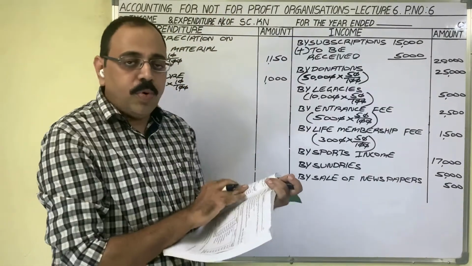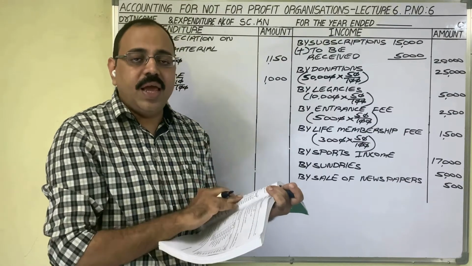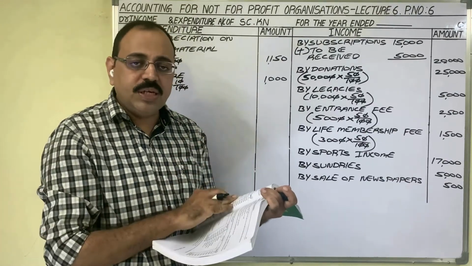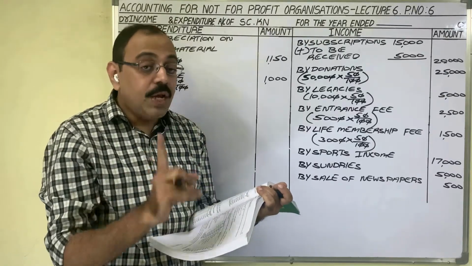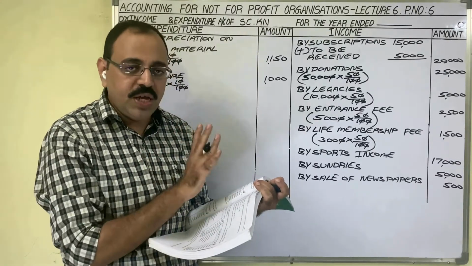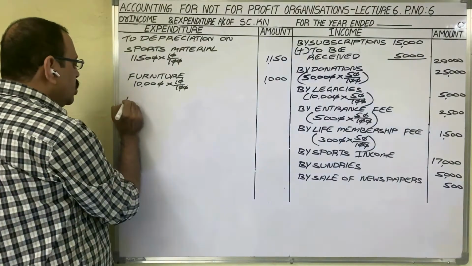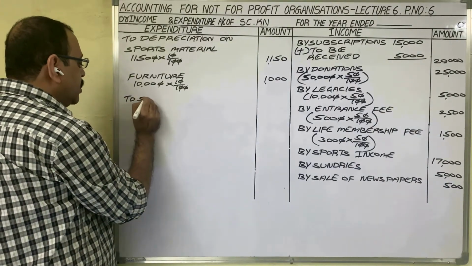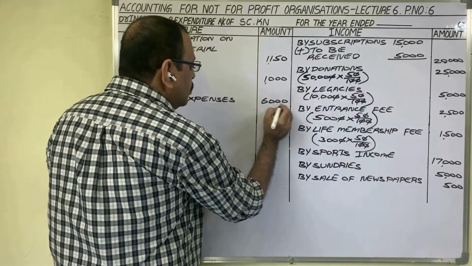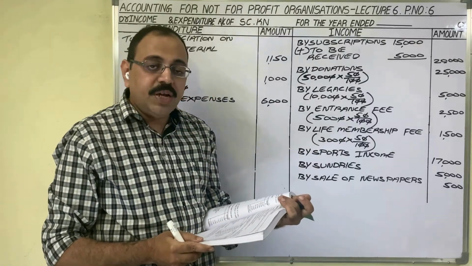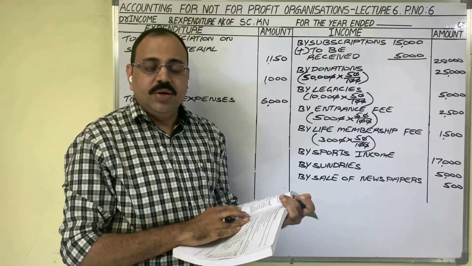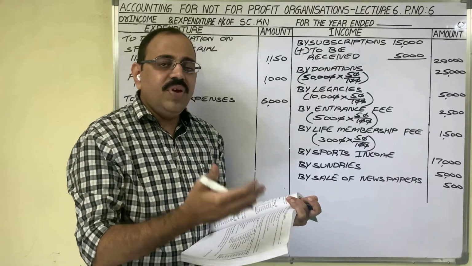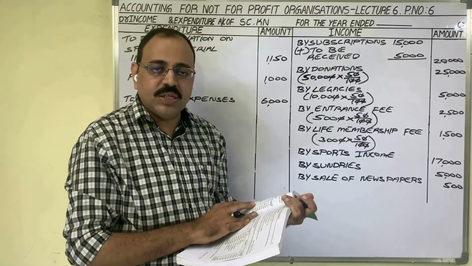Regularly they conduct sports. To conduct that game, they incur some expenses. This is regular expenditure, means revenue expenditure. We have to show here only. To sports expenditure 6,000 rupees. Next, general expenses 2,000. This is also revenue expenditure because generally we incur this type of expenses.